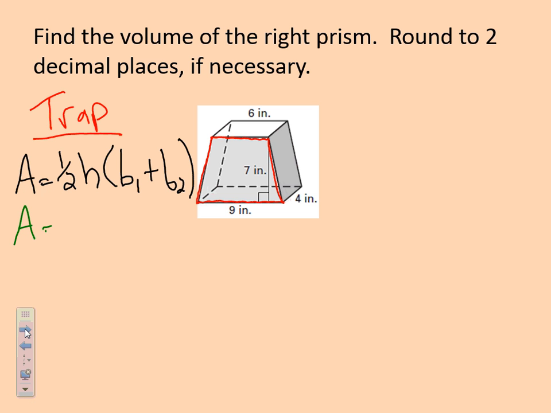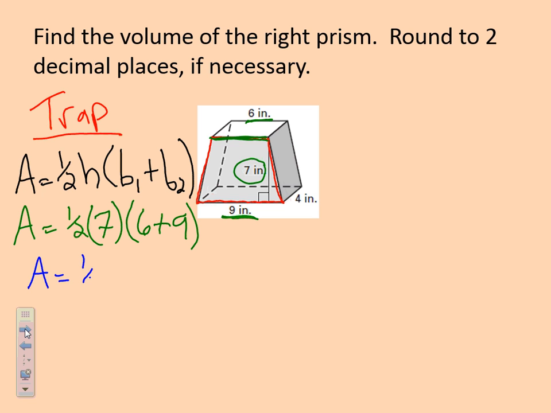Area equals 1/2. My height is right here, 7. And my base 1 is right here, so that's going to be 6, plus my base 2 right here, which is going to be 9. And together I get area equals 1/2 times 7 times 15.